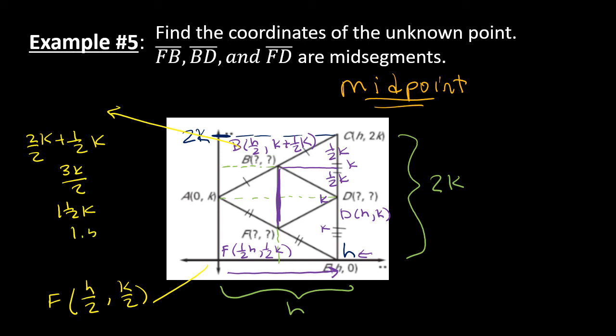Some of you would write 1.5 times K. Those are all good. This is probably the preferred method. Some of you might write the 3/2 and put the K out to the side, but please know they all mean the exact same thing. So for point B, the final answer would look something like this. It's H over 2, and then we have K plus 1/2 K, which is 3K over 2.